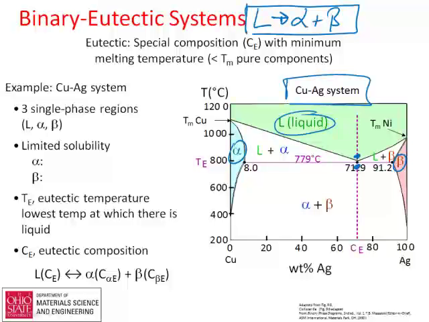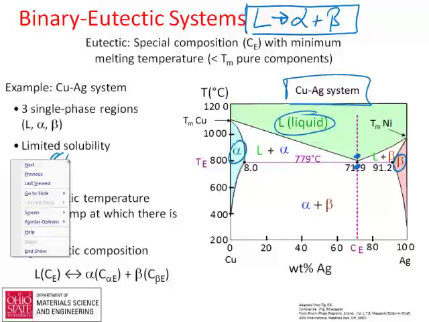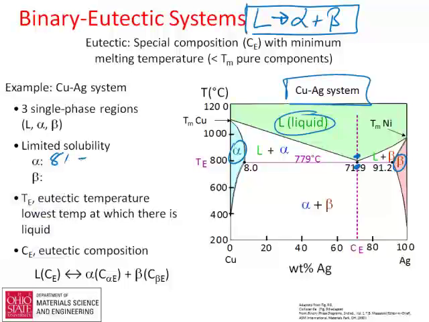So what you end up seeing are two regions of limited solubility. Alpha can dissolve 8% silver in copper. And on the other side, you can get up to about 9% copper in silver.